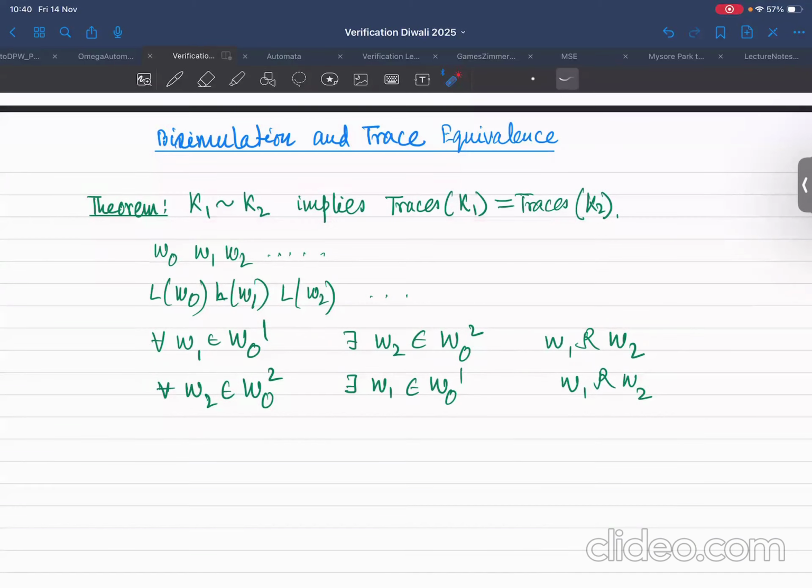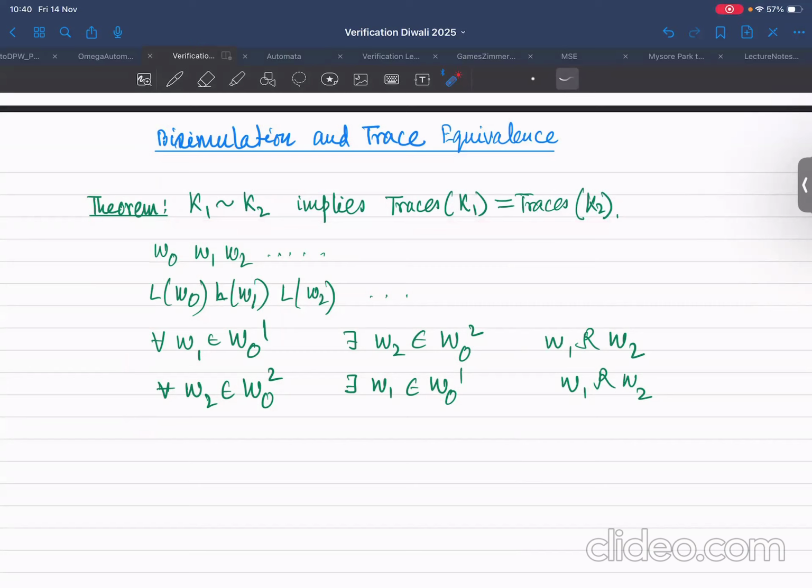Yes, sir. Right. So how do you prove this? If the two Kripke structures are bisimilar, with the definition we gave here, then the set of traces of the two Kripke structures are the same.